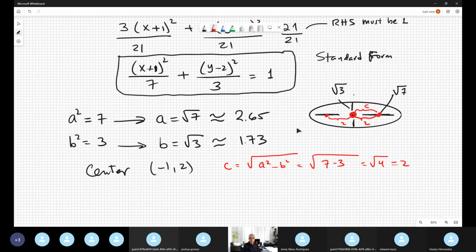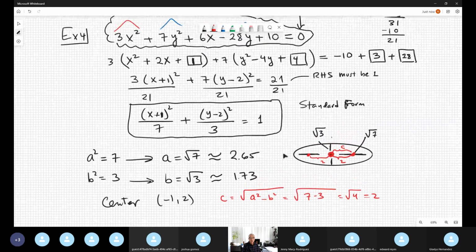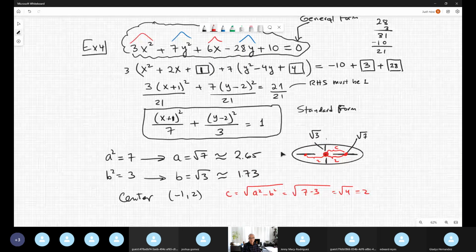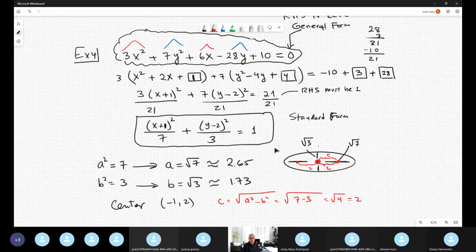Do you understand very well the process, the procedure for completing the square? We practice. We have more examples of this. I don't know if it's example 5 or not. This is example 4, no? Yeah.